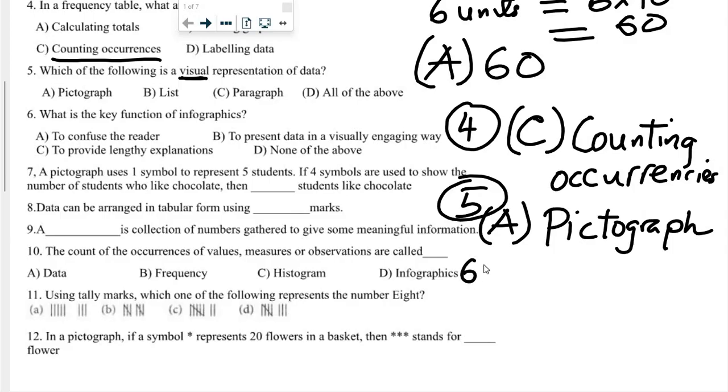Question number 6. What is the key function of infographics? The key function of infographics is to represent data in a visually engaging way.